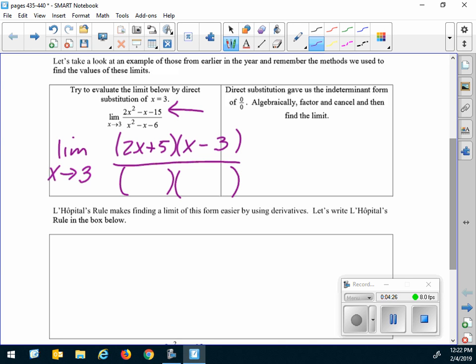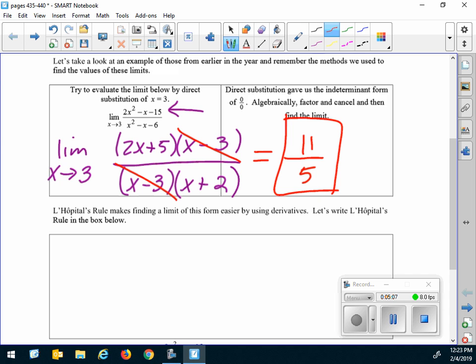That's 2x squared minus x minus 15. Yep. Denominator. That's x squared minus 3x plus 2. Perfect. And then what did we do after that? And then we were able to do direct substitution and take our limit. Direct substitution is going to give us what? 11 over 5. 2 times 3 is 6 plus 5 is 11, and 3 plus 2 is 5. Okay. That should be just as easy for you.